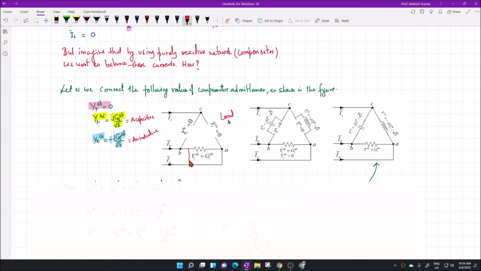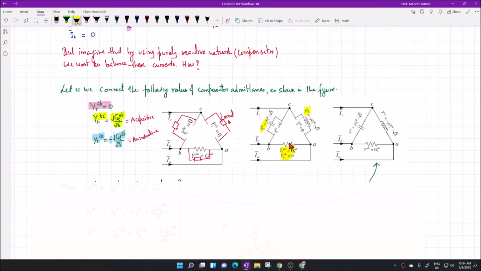So this is Y_γAB, this is Y_γBC here, and this is Y_γCA here. Across each pair of points we connect the compensator.